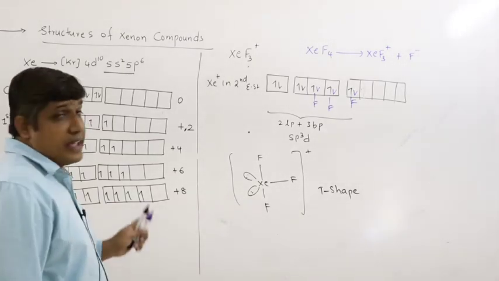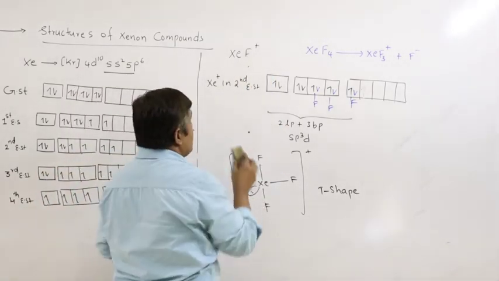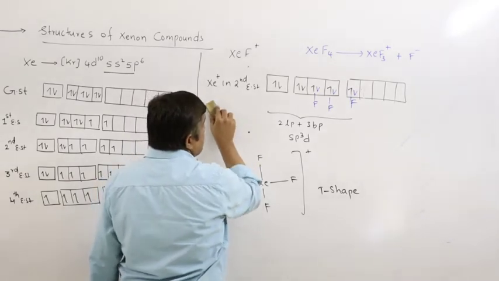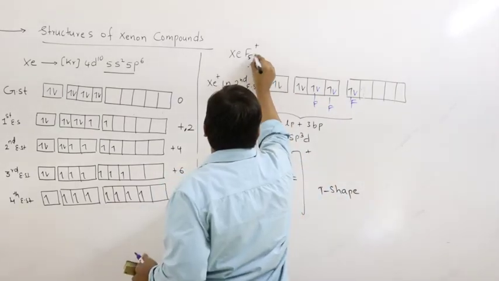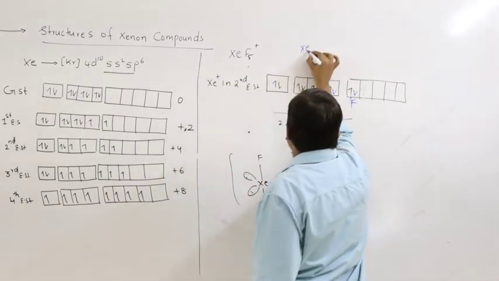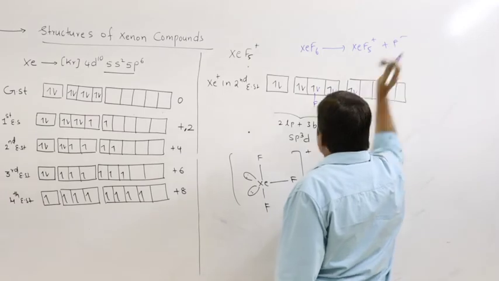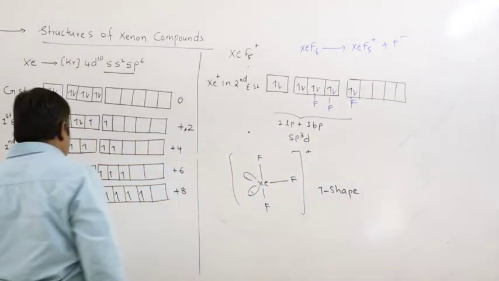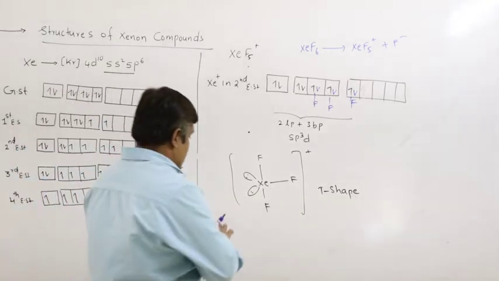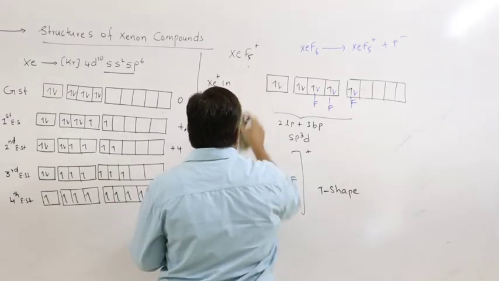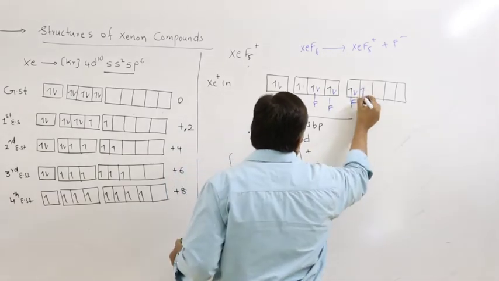One more, XeF5 plus. The next molecule is XeF5 plus. So how is XeF5 plus formed? We take XeF6, remove F minus. So we require 6 unpaired electrons, plus 6 oxidation state. So you have the third excited state. So one of these electrons is promoted to a higher energy level.